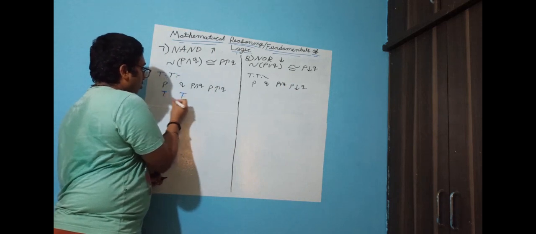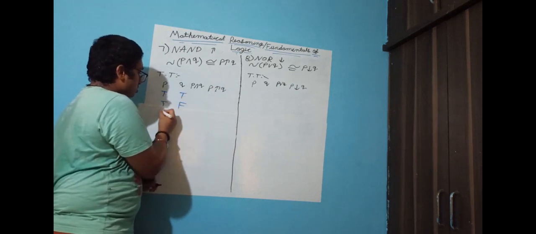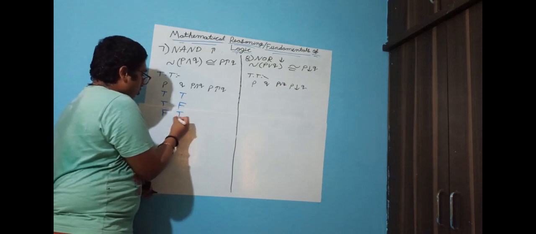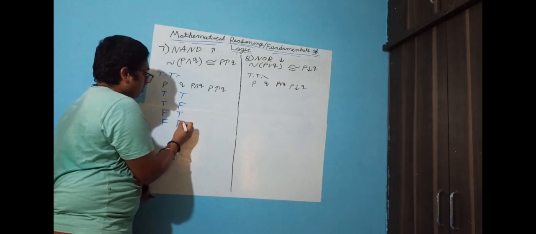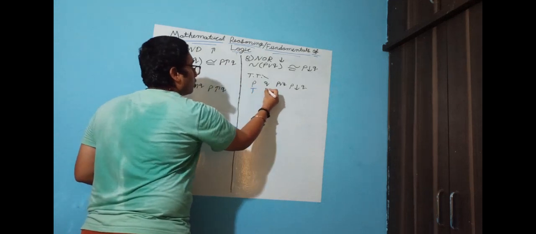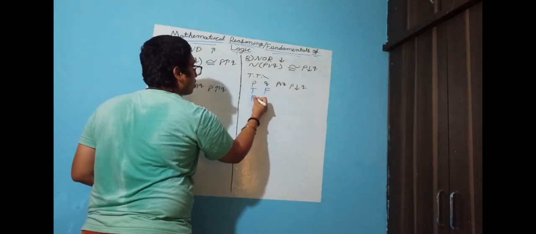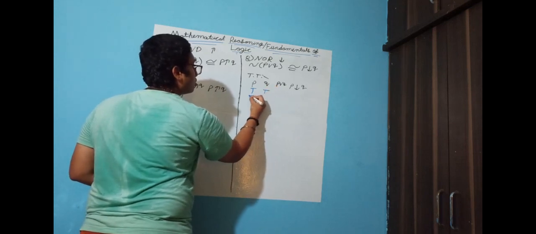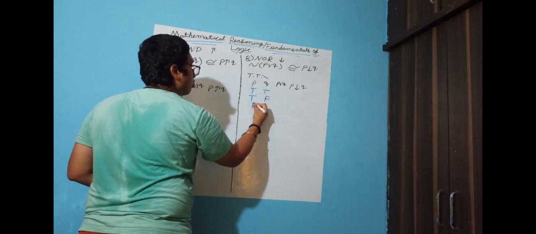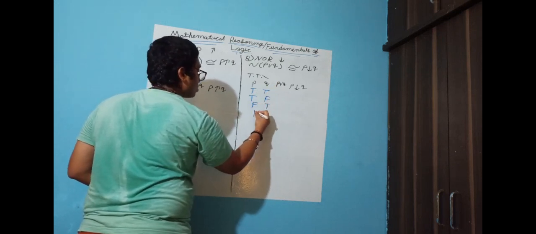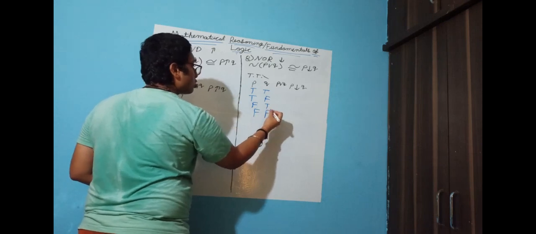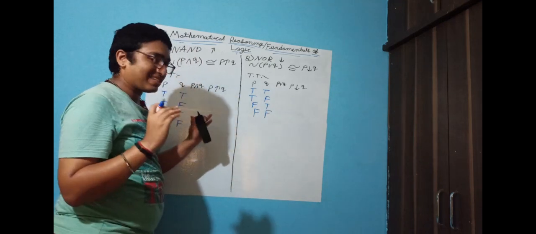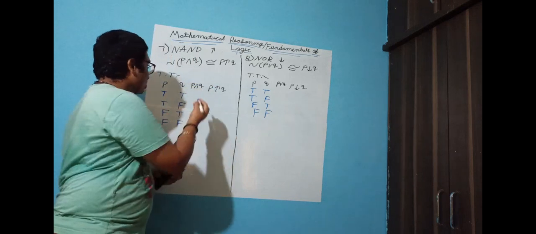Write down the truth values. True true, true false, false true, false false. Here also the same. True false, true true, true false, false true, false false. You can write in any order, but to make it easy to understand, I am writing that order.